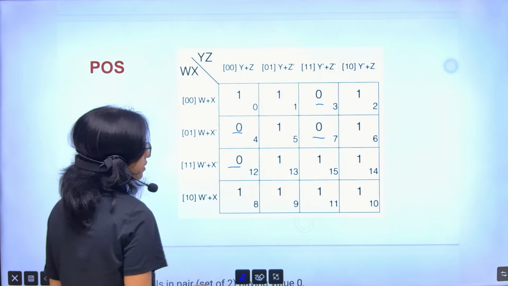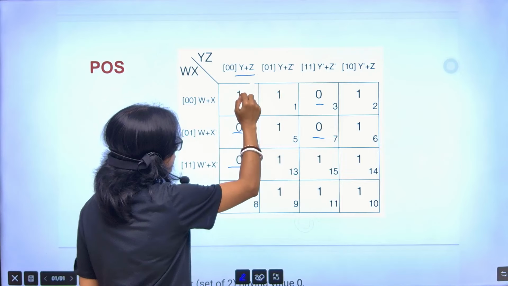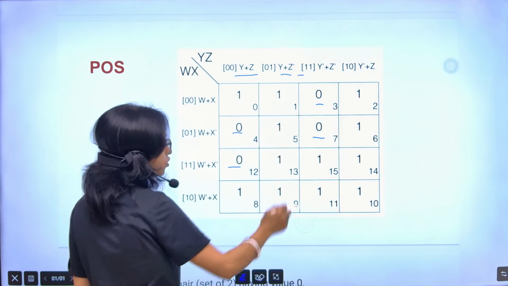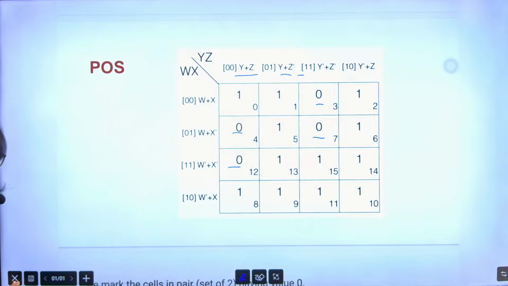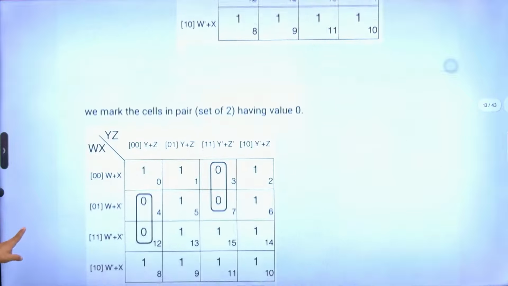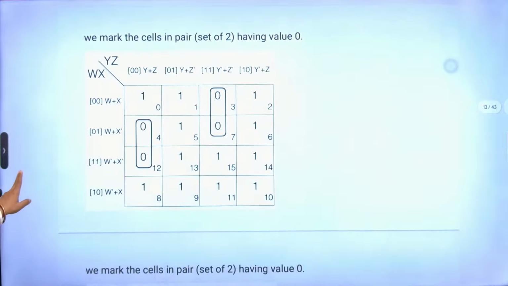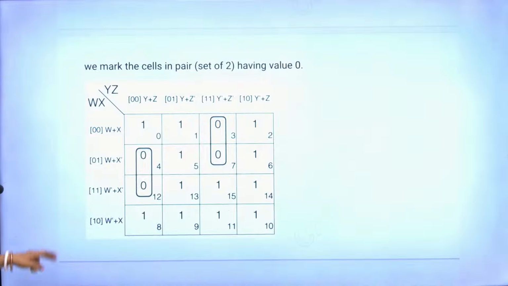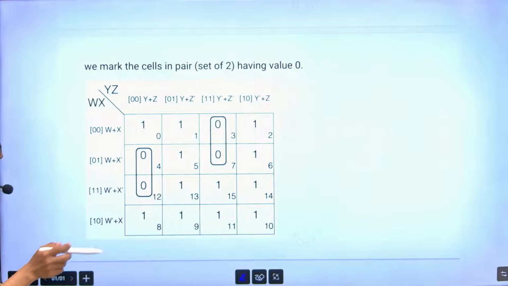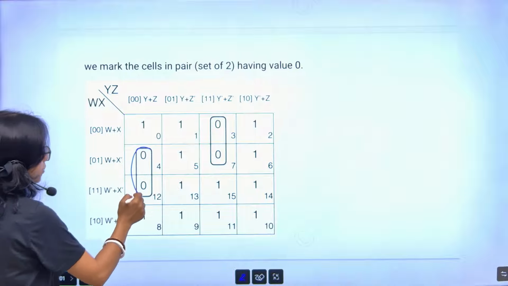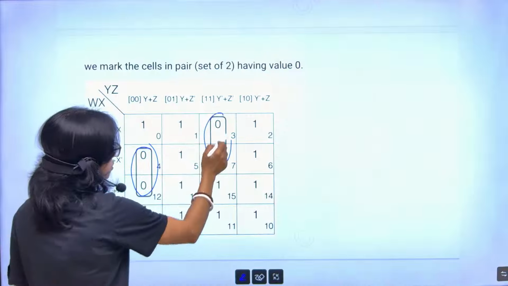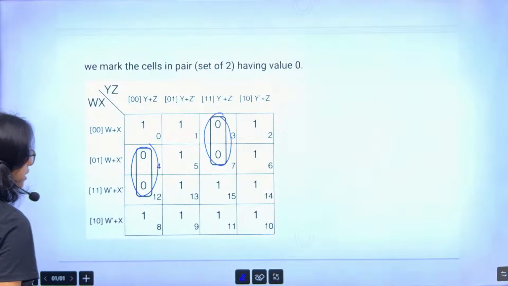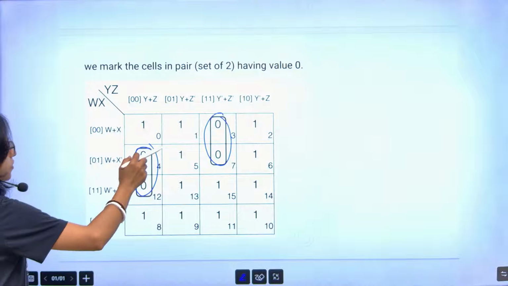At the time of writing also, this is y plus z bar. Same rule we will follow. First do with SOP, then we can do with POS also. Here this is the POS. You can see that. Here we did the grouping as I am telling you, so that the concept will be done. Here we did the grouping 0 0 0 0. Then what will be my answer? Same rule.